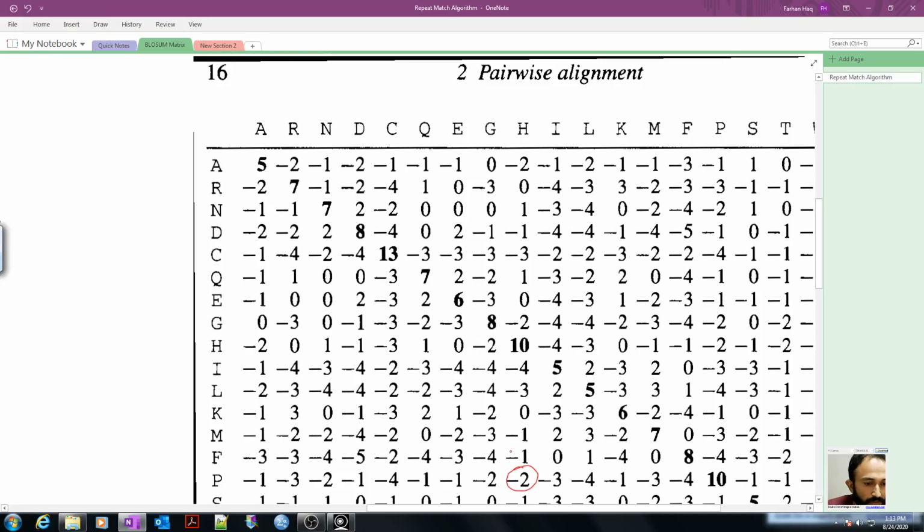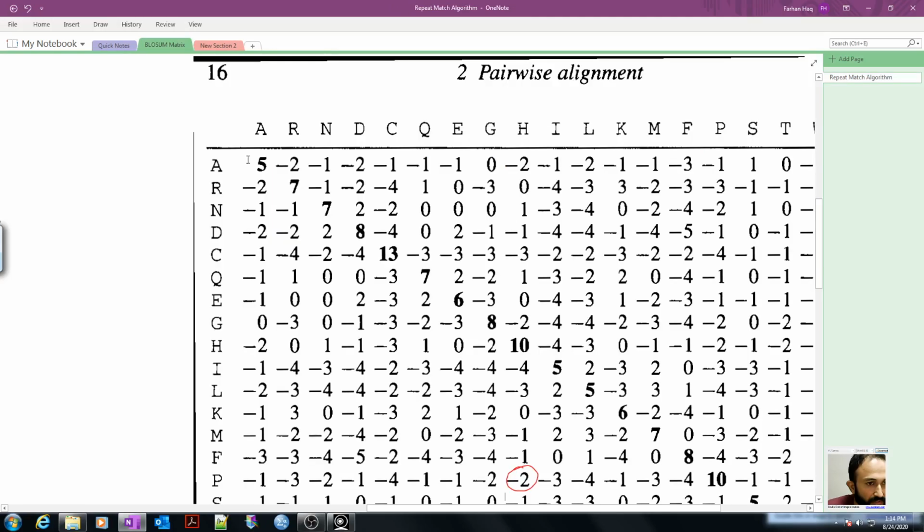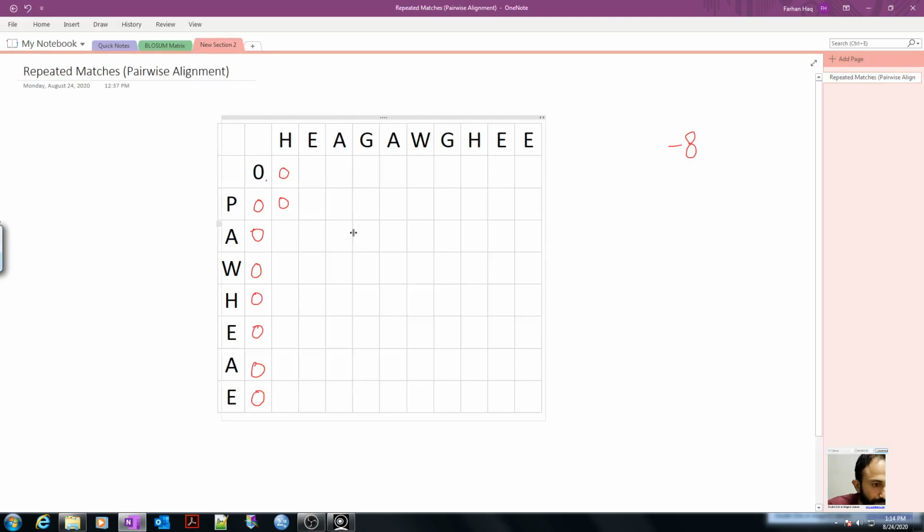So it means we have to add -2 here. 0 plus -2 is negative, so we put 0 instead. Next is A to H, and again we look for the value of A to H, that is again -2. So 0 plus -2 is -2, then again 0. For the next, W and H.